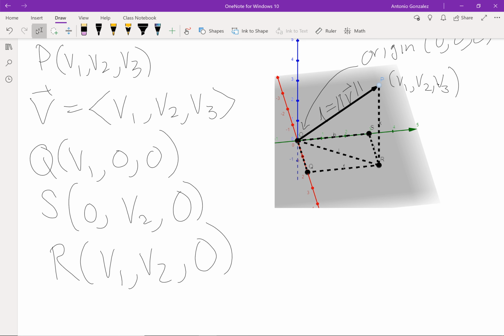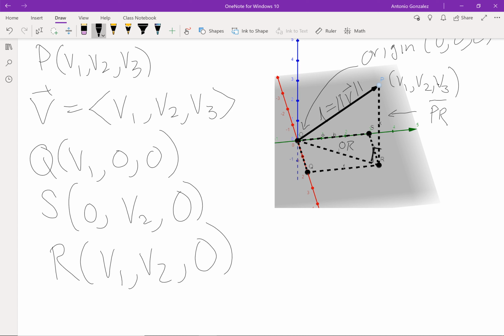Now, if we think of the triangle formed by that L and also this line segment, PR, and also the line segment OR, that is a right triangle, right? That is straight down, so it is in fact a right triangle.